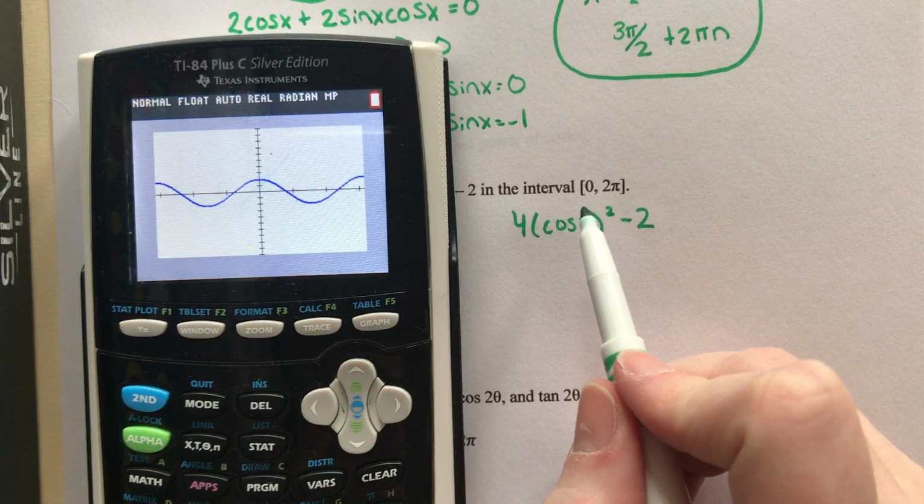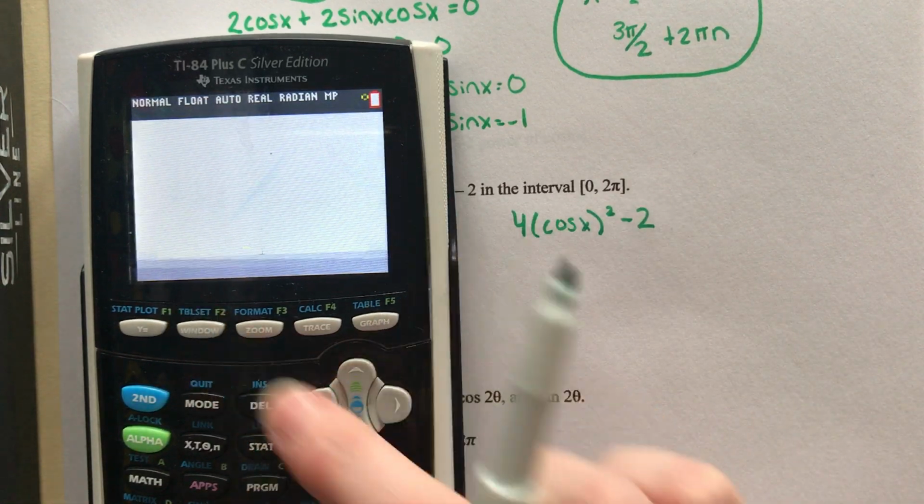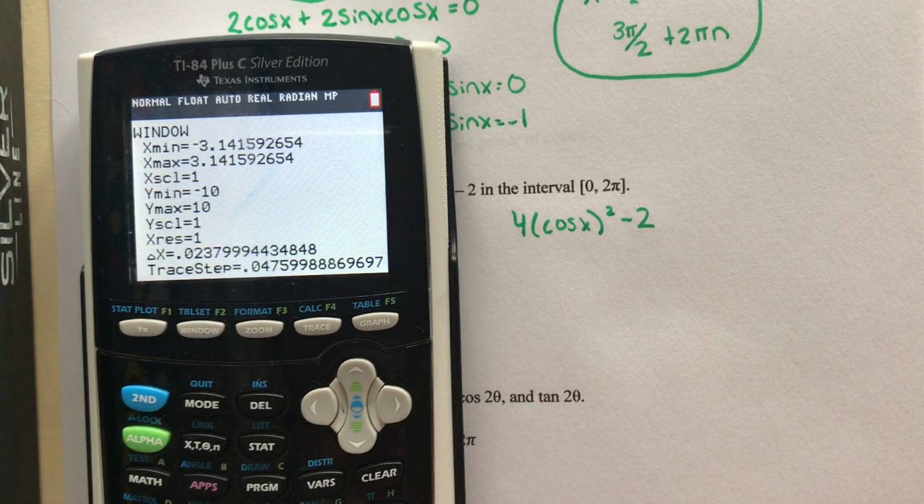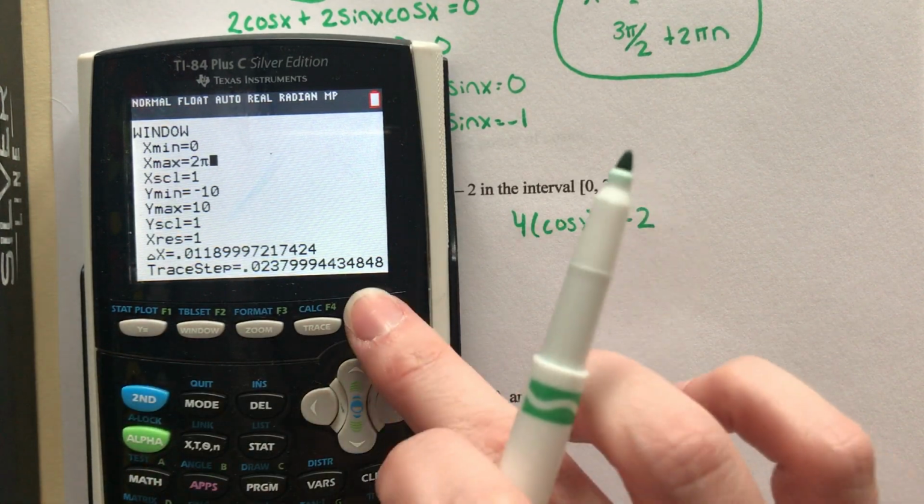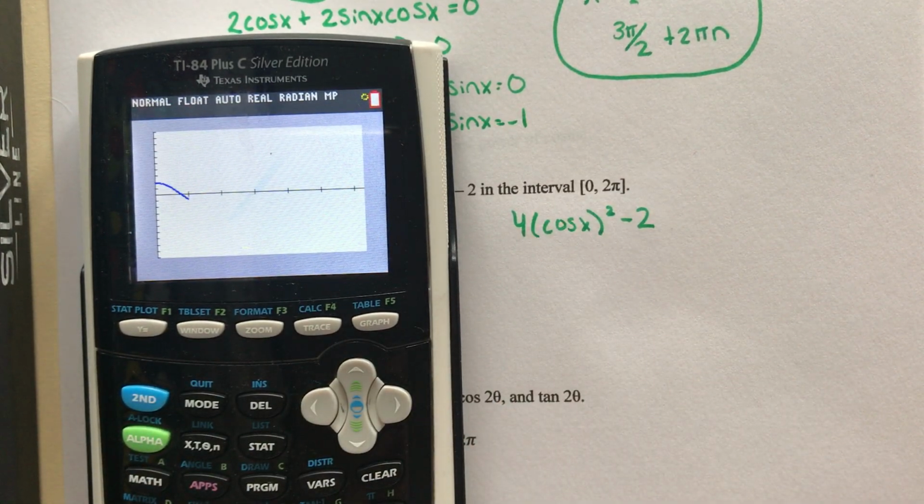Now, they just want the interval from 0 to 2 pi, so we can also go to our window and change our x min to 0 and our x max to 2 pi. And then it'll show us exactly the range of values that we're looking at.